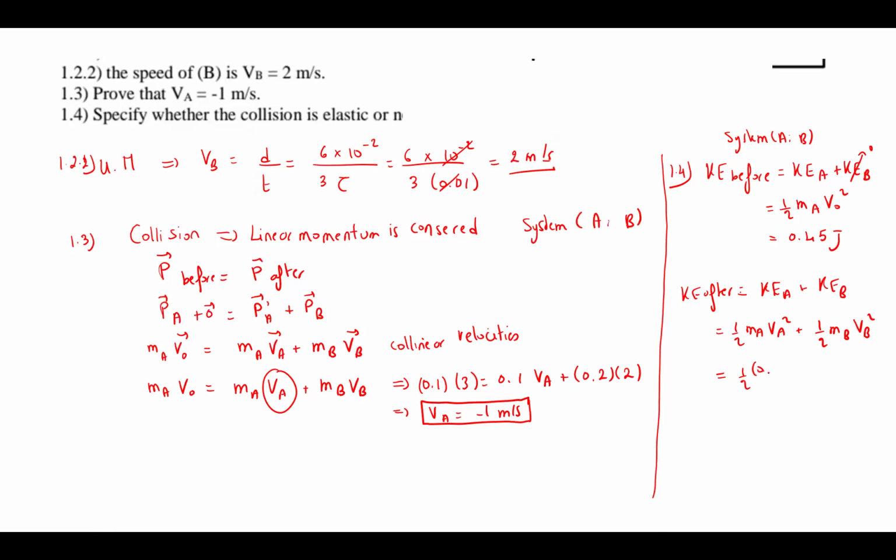So we take the magnitude here, okay? Plus half 0.2 times 2 square. And the answer will be 0.45 joules. We notice that KE before is equal to KE after, which means that it's an elastic collision.